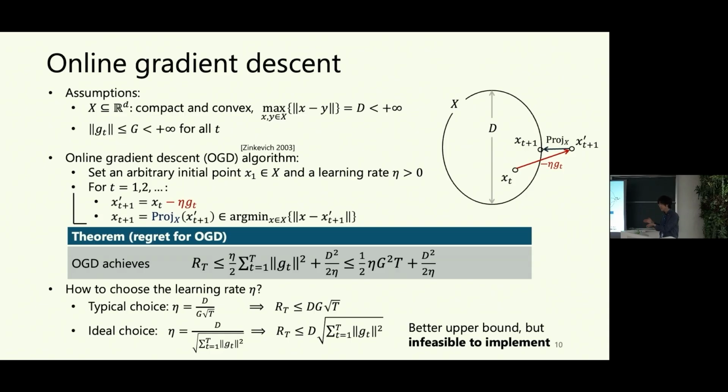So in that case, the region is given in advance, and we can assume D is known. And that is enough.